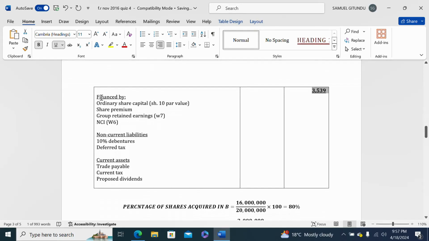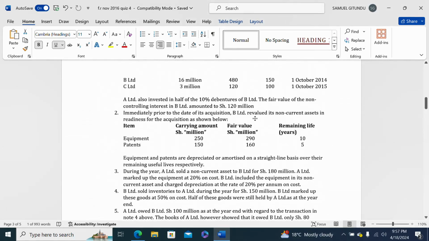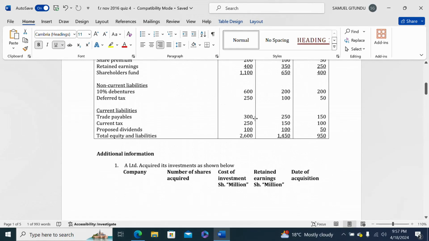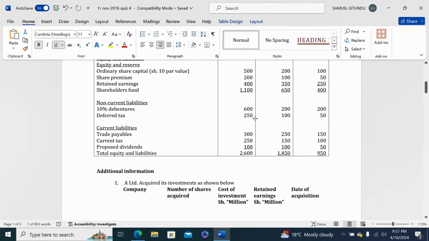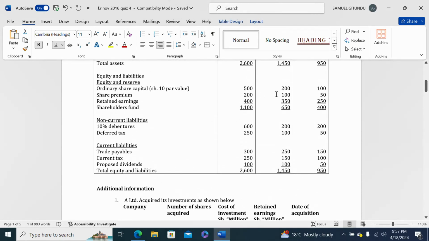We now go to the equity and liabilities. We start with the ordinary share capital at shillings 10 per value. For the ordinary share capital, we just take the shares of the parent. Then we have the share premium, it is 200. We just take the share premium of the parent.